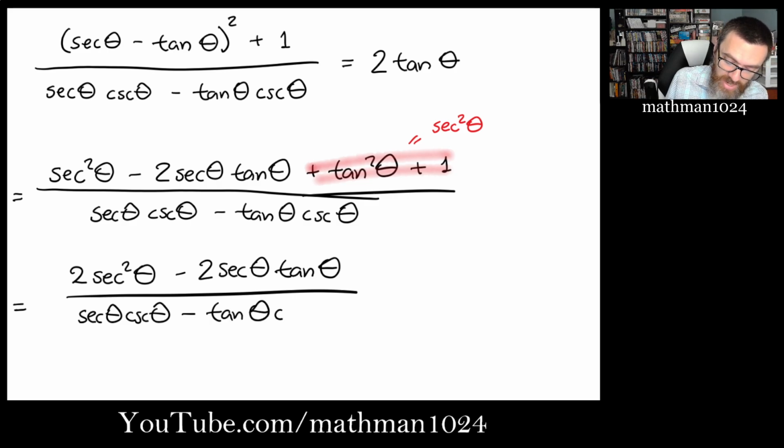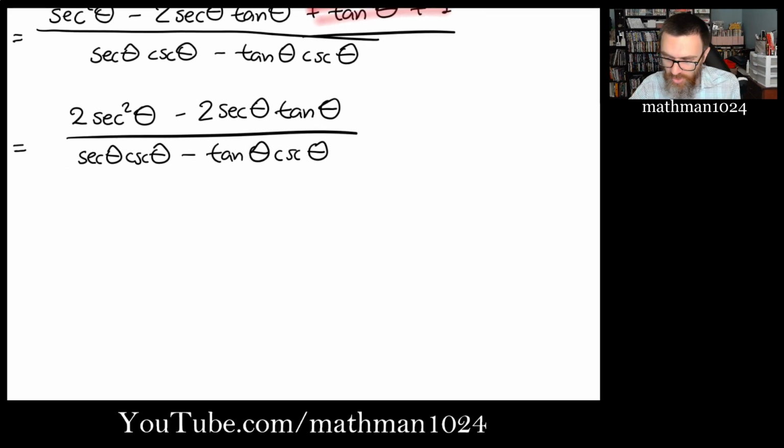And that's going to be this next step where we will look to factor. So in the numerator, please notice that you have a factor of secant here and here. And then in the denominator, you have a common factor of cosecant. So let's factor those out, and let's see what we have.